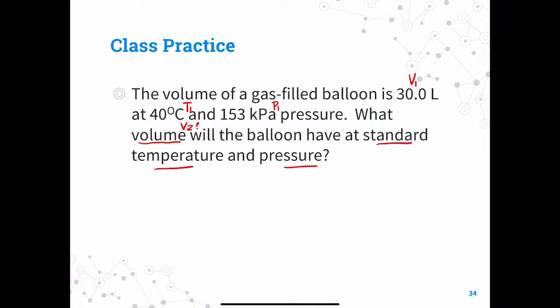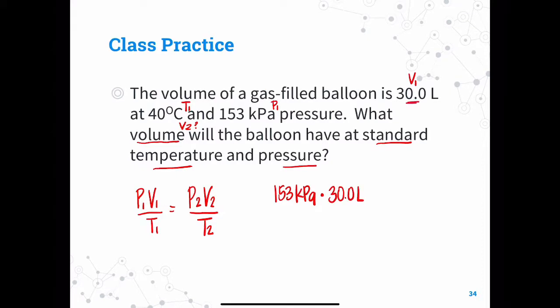Now, this one is just a little bit tricky. You might say, all right, let's put this in: P1 V1 over T1 equals P2 V2 over T2. So we plug in 153 kPa as our pressure, and then V1 we put as 30 liters from right here.